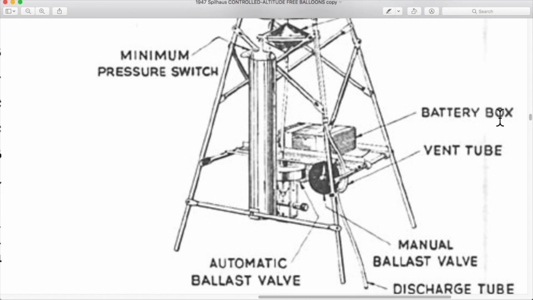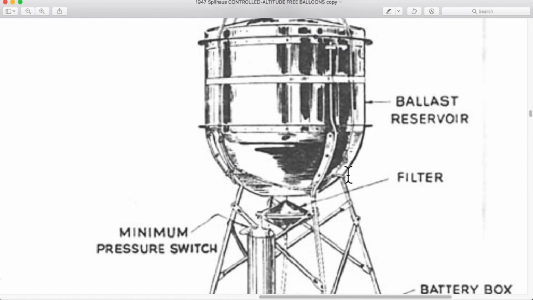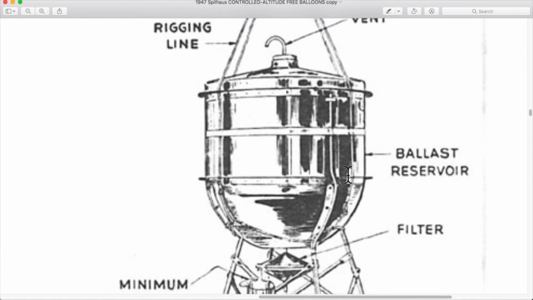Then we have a battery box. Got to have power for your squib. A vent tube. We haven't talked about that so far. Off the top of my head, I'm not sure what that goes to, but we'll come back to that. Oh wait, does it go all the way up here?